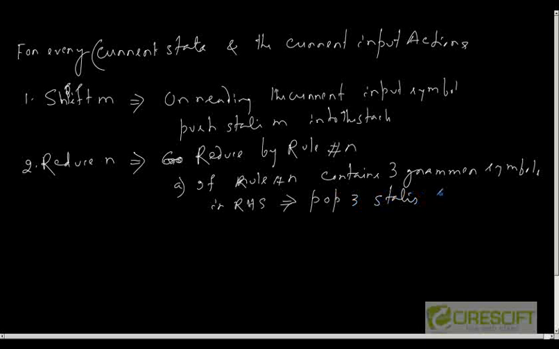First thing you need to do is to pop the number of states equal to the number of grammar symbols present in the RHS of rule number N.